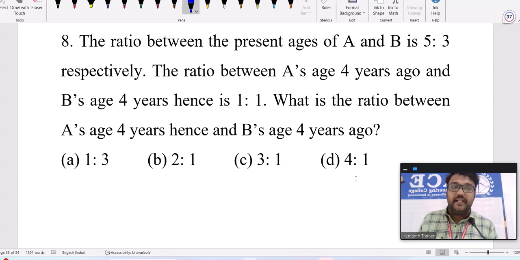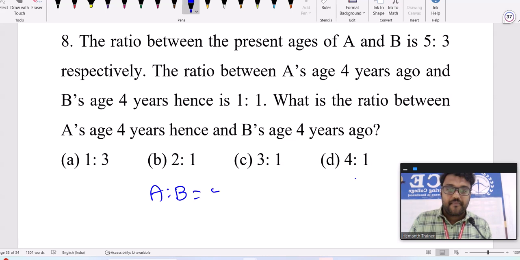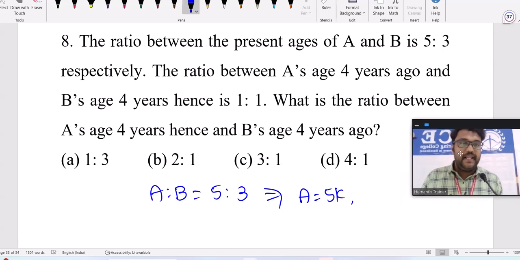Present ages are in the ratio 5:3, so I can say A is 5k, B is 3k.